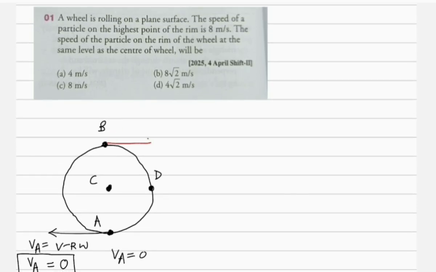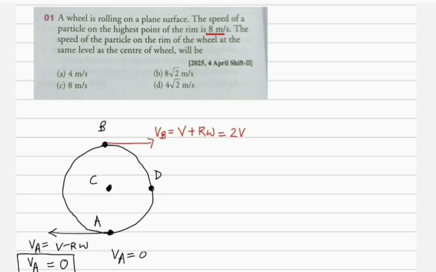At the highest point B, the velocity will be Vb, which is equal to the velocity of the center of mass V plus r omega. But as per our recent discussion, for pure rolling motion, V and r omega are the same. So V plus V will give you 2V. Now as per the data, in the second line they have given you a value, 8.